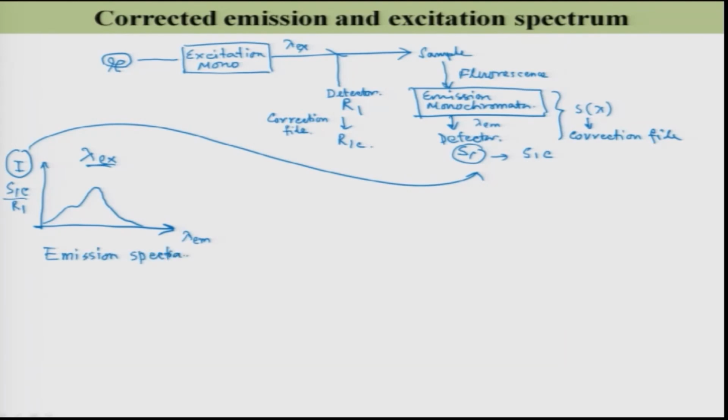What about the excitation spectra? Excitation spectra is for a given value of lambda emission. So, you keep your observed lambda emission at a particular wavelength, let us say you fixed your lambda emission over here, lambda emission max. It could be anything here, here, here, but I have chosen the maxima one.